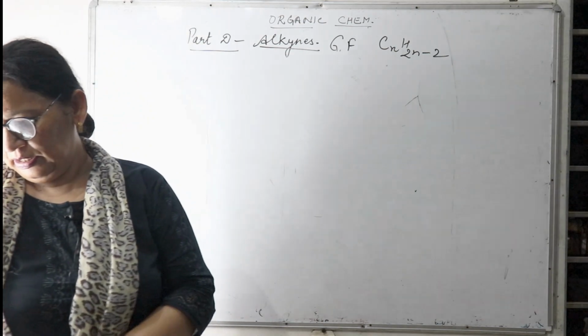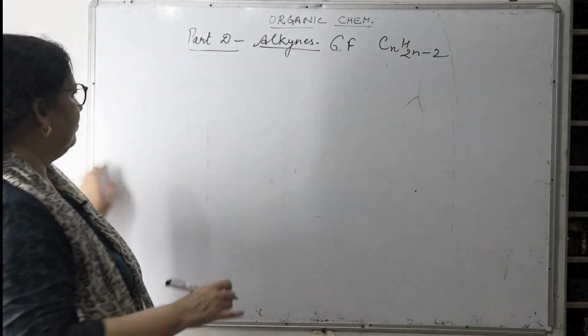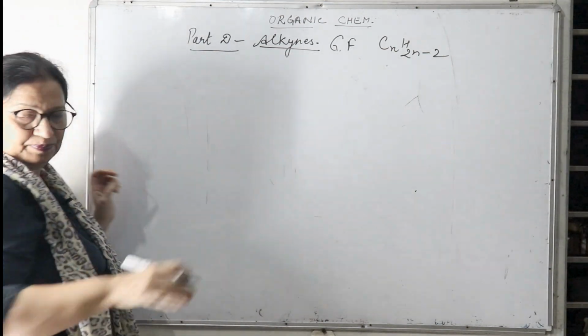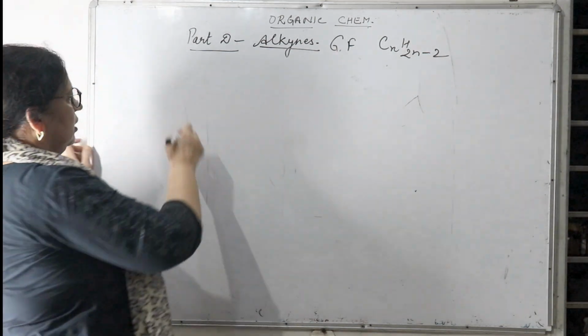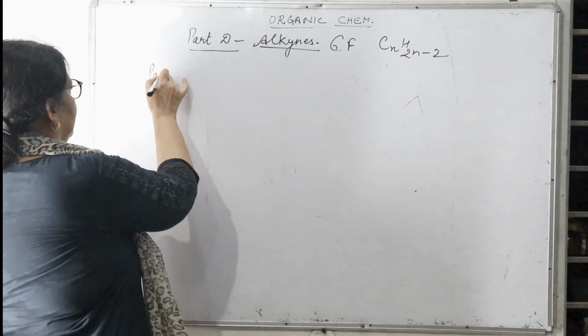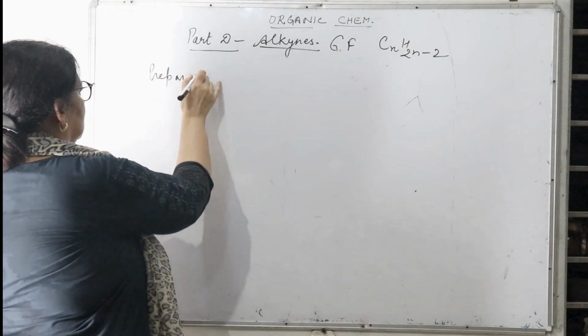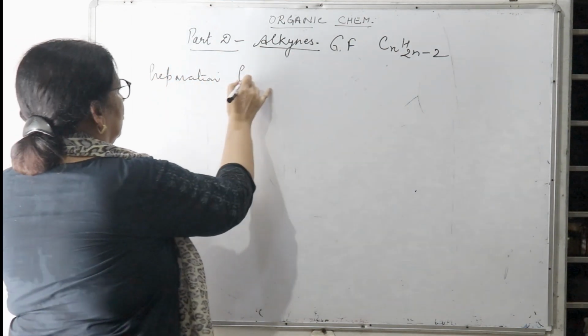Now come to one more method of preparation, that is from 1,2-dibromoethane.